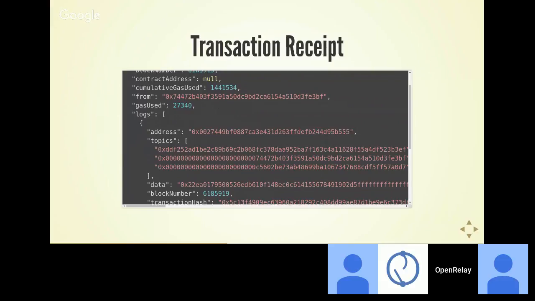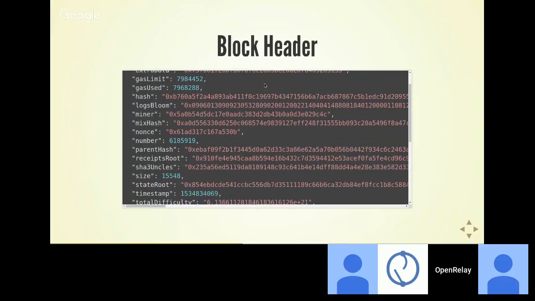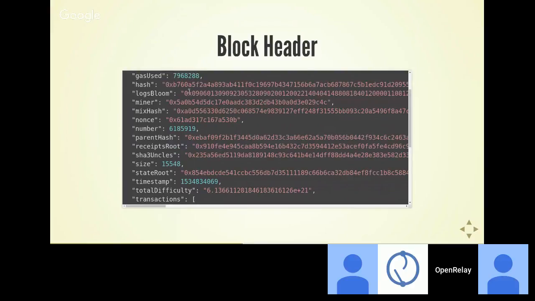No questions? Okay. So then we're going to look at the block header. So every block on the Ethereum blockchain has what we call a block header. I'm going to skip over a lot of these fields because they're not very pertinent to what we're talking about. There's gas limit. That's how much gas this block was allowed to use. Gas used is how much gas this block did use. Then there's the block hash, the log's Bloom filter for the entire block.